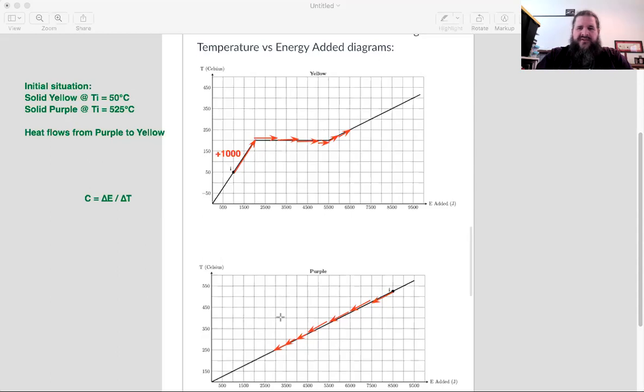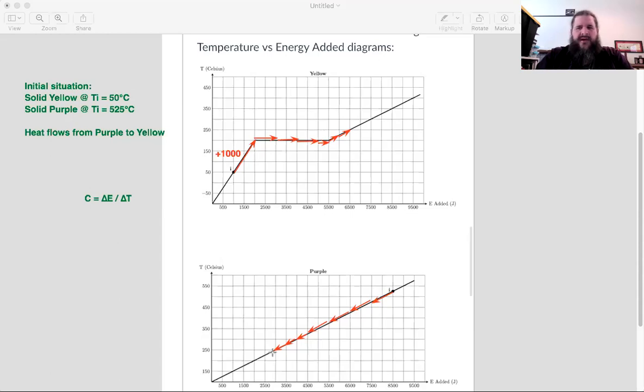Once all the heat that's going to flow has finished flowing, they've all reached the same temperature. Yellow is now all liquid at 250 degrees, and purple is still solid, also at 250 degrees. So that would be the final equilibrium state of the system, assuming we wait long enough for that to happen.